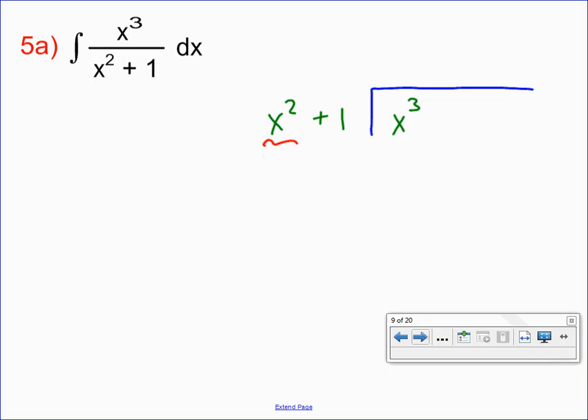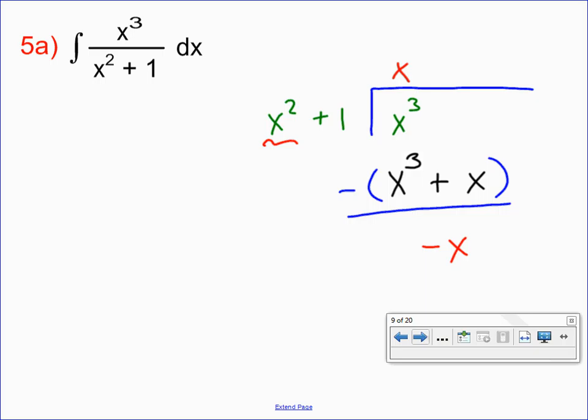Well, this time x squared times x, is that right? x squared times x equals x cubed, and then top times the side all the way through would produce x cubed plus x, is that right? Next, we've got subtraction in our algorithm all the way through. So we've got x cubed minus x cubed is 0. And then nothing minus x is minus x.